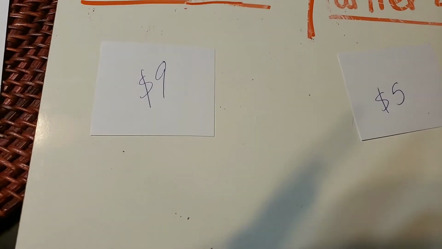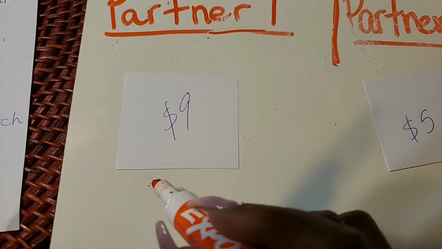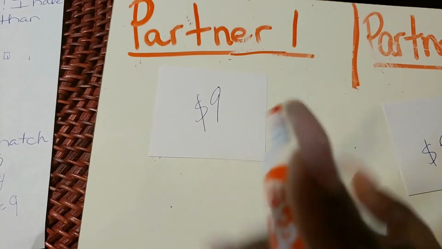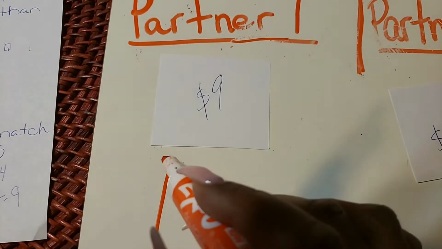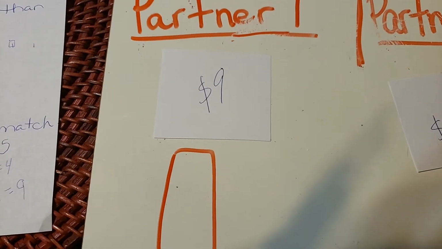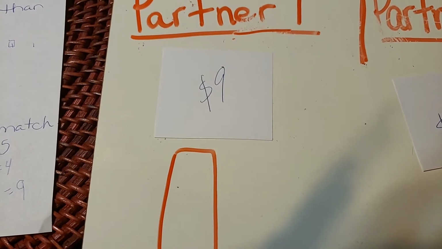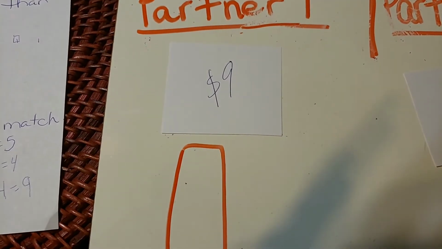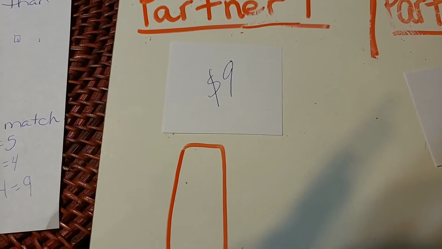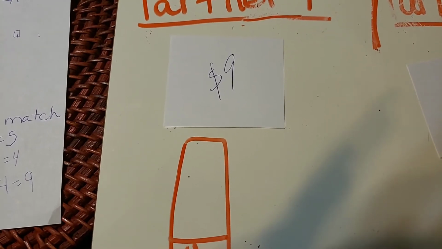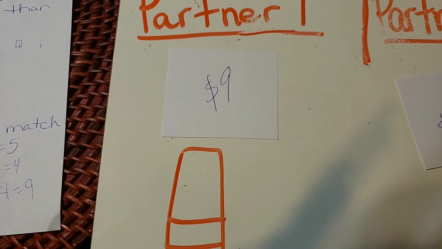So I have my tower here. I'm going to use a 10 stick, and we're going to draw just like I did on the other paper. 1. We always label. We always do what?